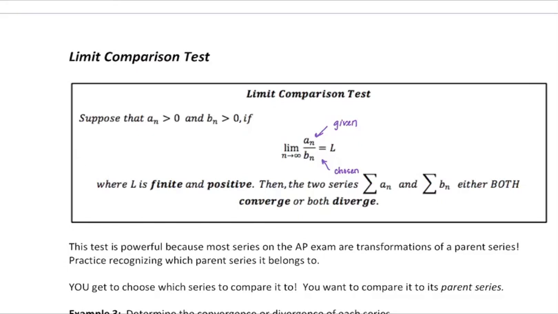So there's a lot of power in this test with choosing the series you're going to compare it to. If I compare my series with a divergent series and I get that the limit is equal to like 2, then I know that my series also diverges because whatever the one I choose does is going to be the same as what the one that I'm given does, and vice versa.